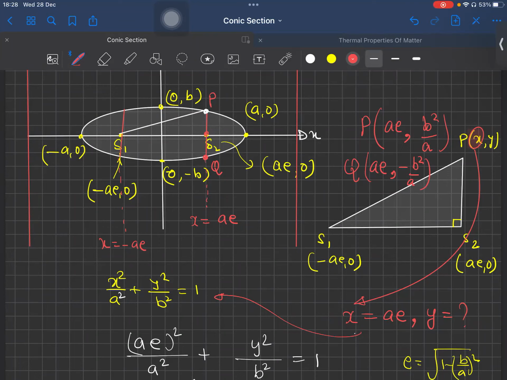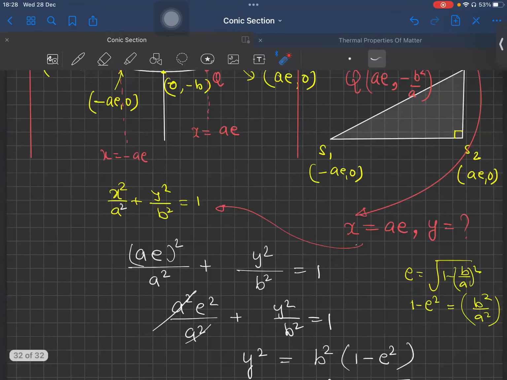Why is P ae comma, why is this ae? Can any one of you explain why it is ae? See, it's really simple.